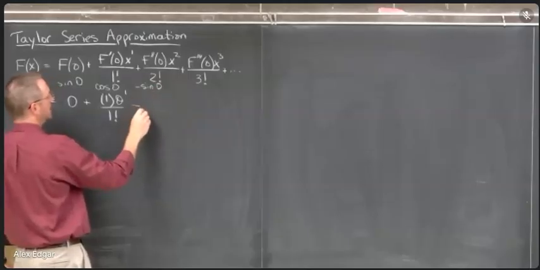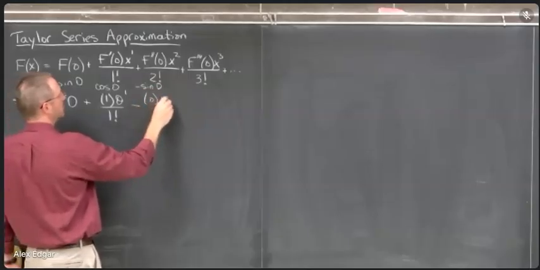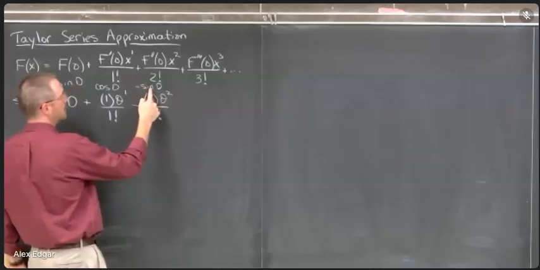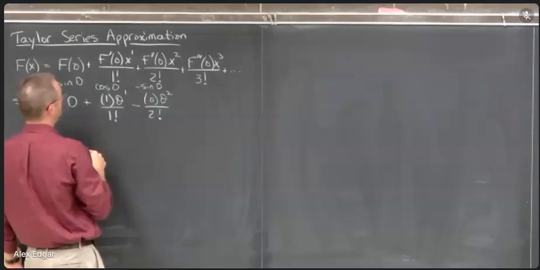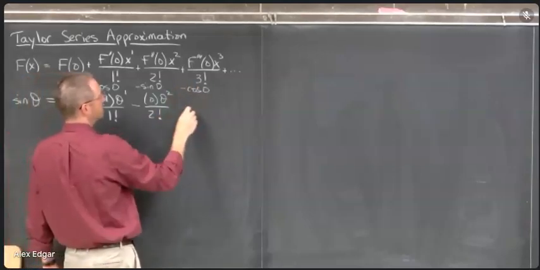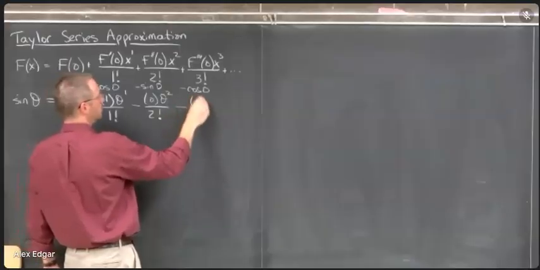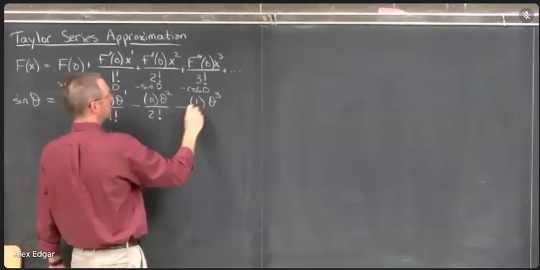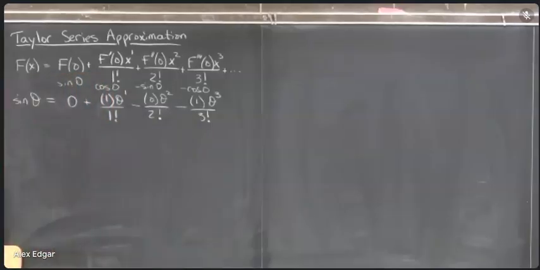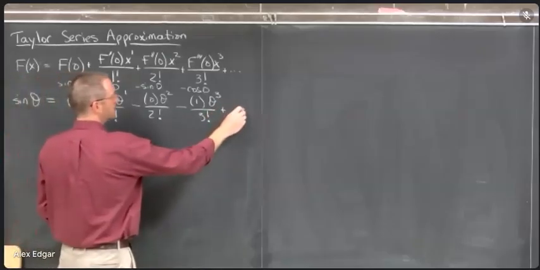So minus 0 theta squared over 2 factorial. Derivative of sine is cosine again, but now we're going to have a minus sign, so minus cosine 0. Well, that's going to be a minus 1. Theta cubed over 3 factorial. And we can take this further, but the pattern is just going to repeat.